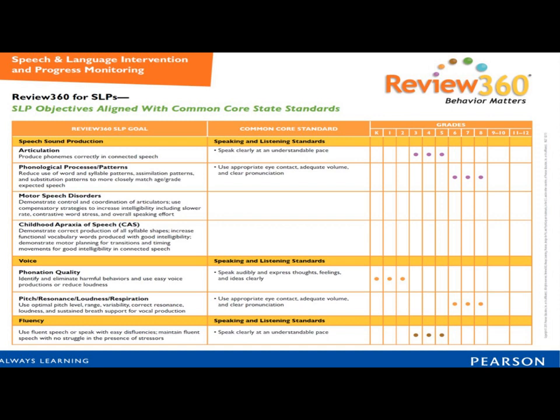In the area of fluency, students are expected in grades 3, 4, and 5 to speak clearly at an understandable pace. Remember that the SLP also works on functional performance, so that if the student needs to work on speech sound production, voice, or fluency, it is allowed and expected that the SLP will do so even without a direct link to the standard.